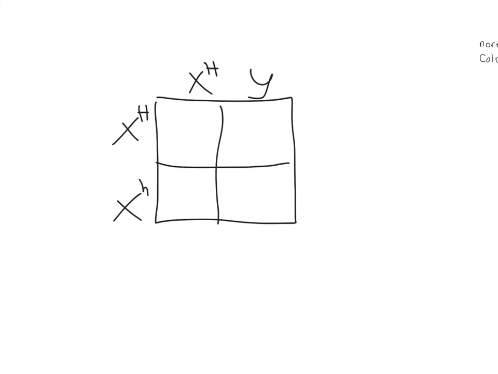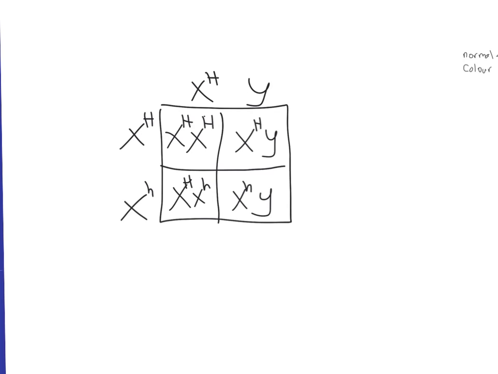So I have mother and father there, and now all I have to do is fill in my little chart. HH, Hh, HY, hY. The question says, describe the male and female offspring phenotypes.